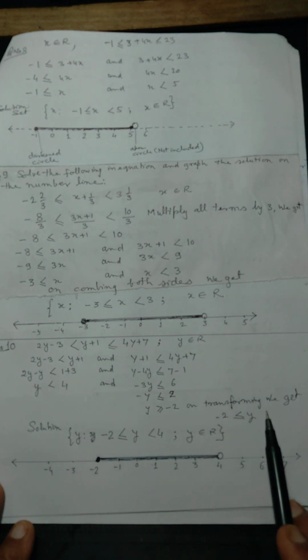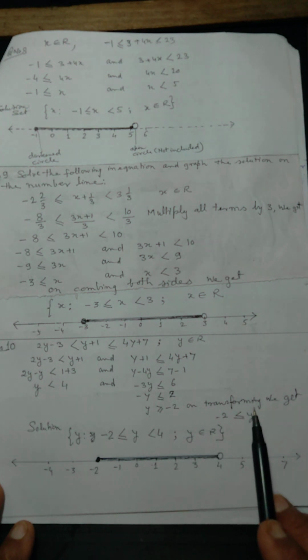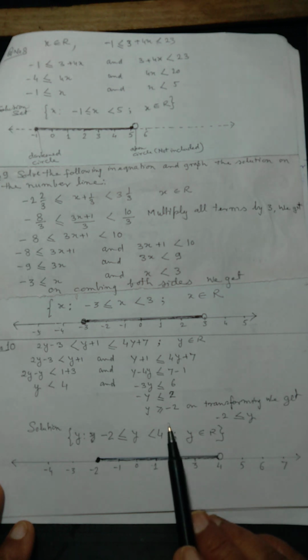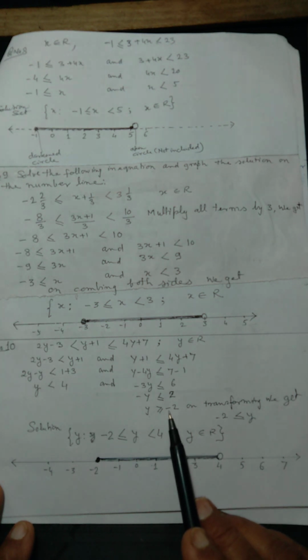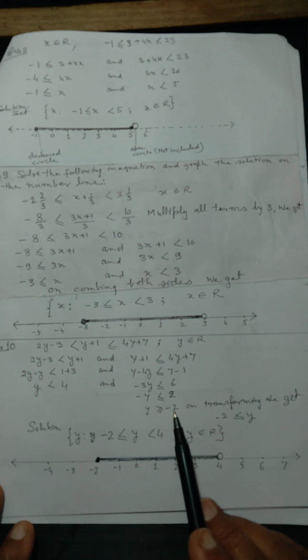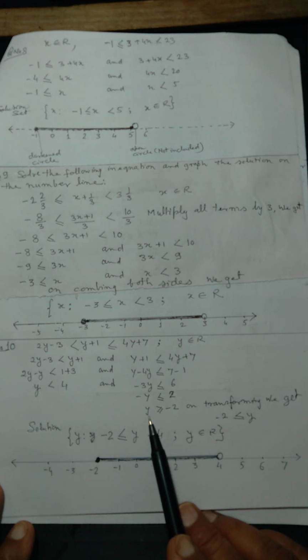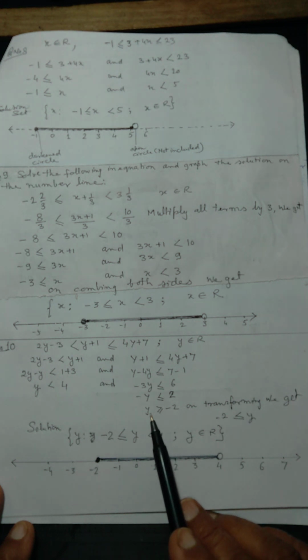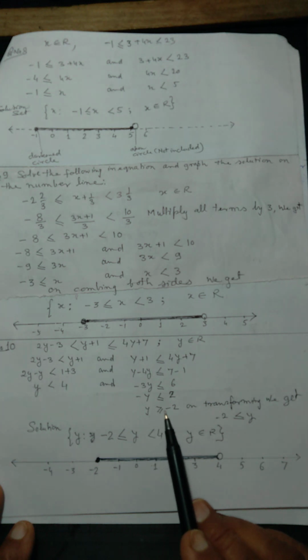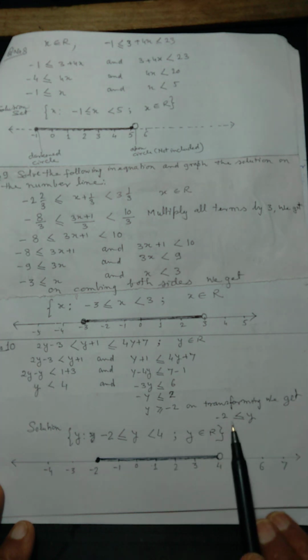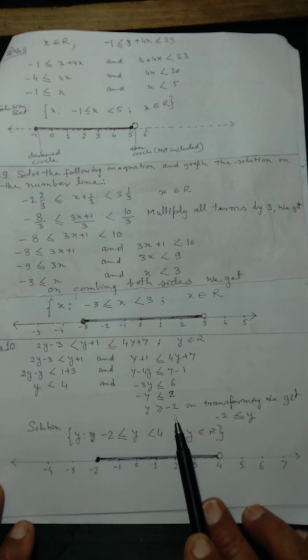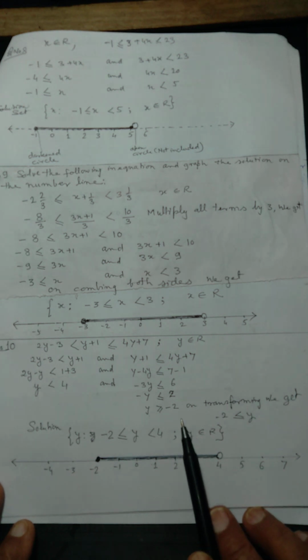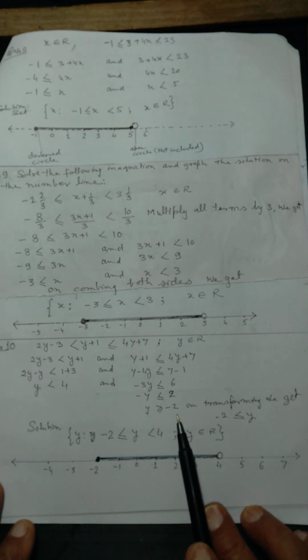On transforming we get, meaning the number which is written on the right hand side will go to the left hand side, and the thing which is written on the left hand side will come to the right hand side. But doing this process, the sign of inequality will also be reversed.